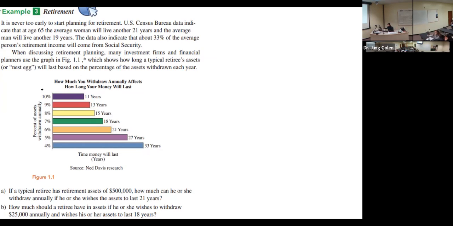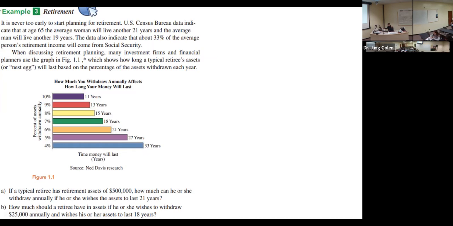Okay, so we are looking at the vertical and horizontal axes. The vertical axis shows us the percent of the assets withdrawn annually. So 4%, 5%, 6%, 7%, these percentages are the percent of assets withdrawn annually.